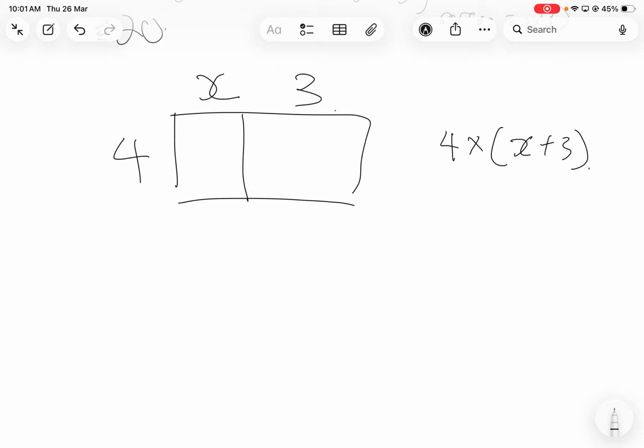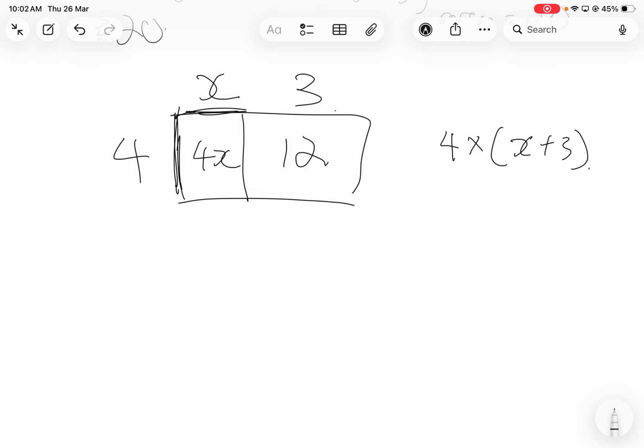Okay? So this is still a multiplication. 4 times this side. In the end, I will still have this area plus this area. So this time round, what is this area? 4 multiply x. So here is 4x. Then this area is still 4 times 3, so I have 12.